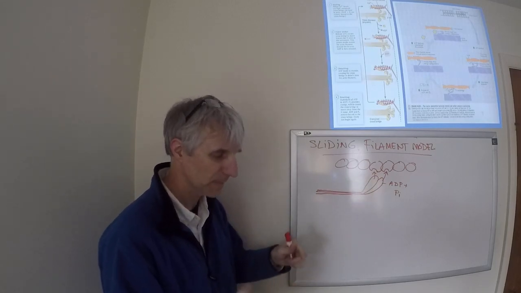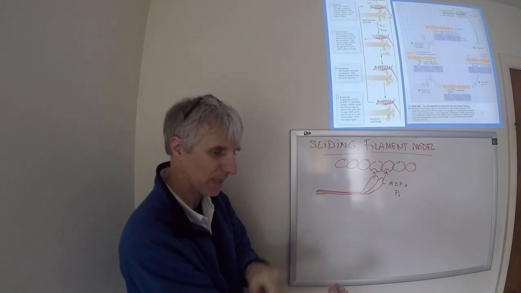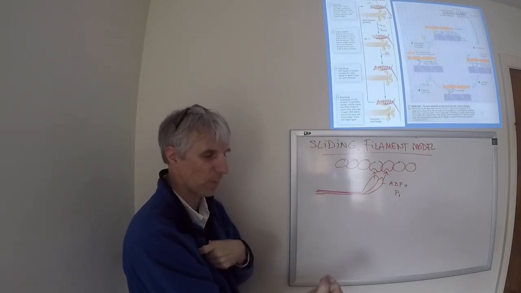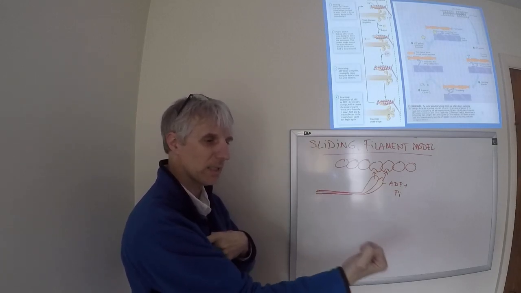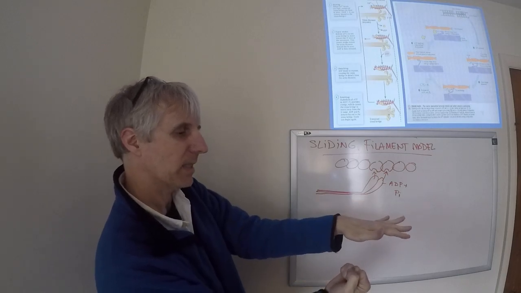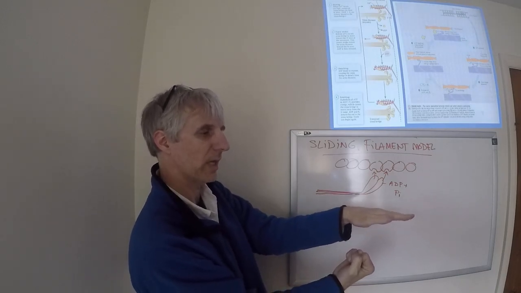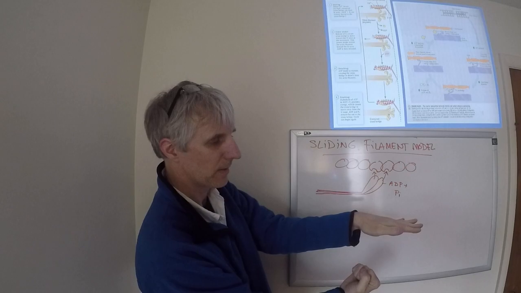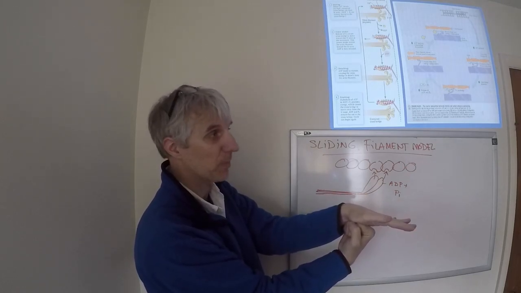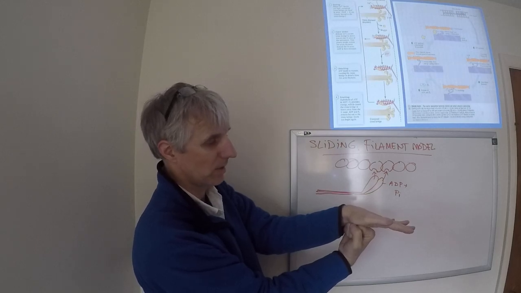Okay? Again, one last time. The ADP and inorganic phosphate group are sitting on this molecule. The myosin is in a high energy conformation. The actin is there. Calcium comes in, we expose those binding sites. The myosin head sticks. The phosphate group and the ADP get pulled off. Right?